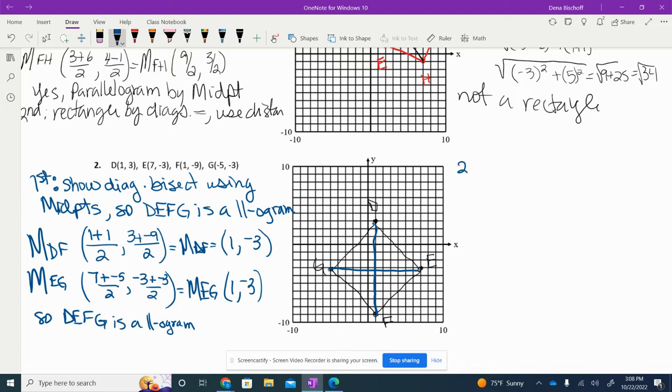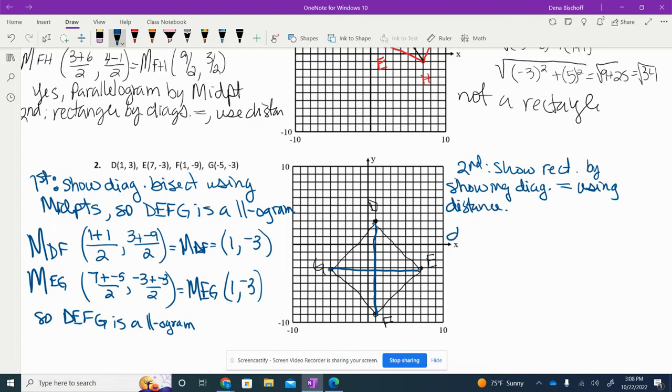All right, second, I need to show that it's a rectangle. I'm going to show that by showing that the diagonals are congruent, or equal, using distance.